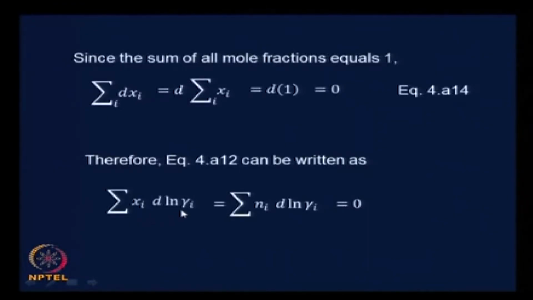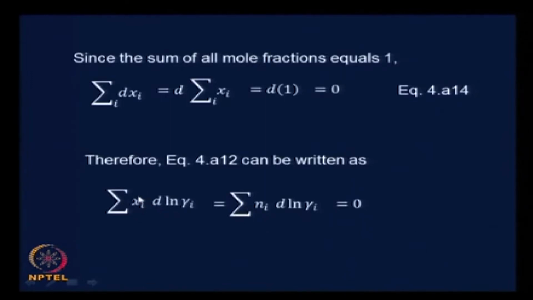Welcome. In the last lecture, after an extended derivation starting from the Gibbs-Duhem equation, which is a fundamental equation, we arrived at the fact that summation over xi d ln gamma i, which can of course be written as summation over ni d ln gamma i.